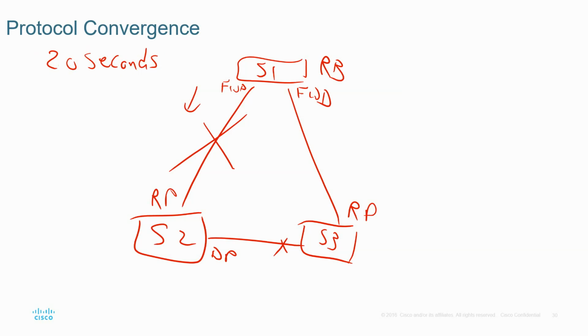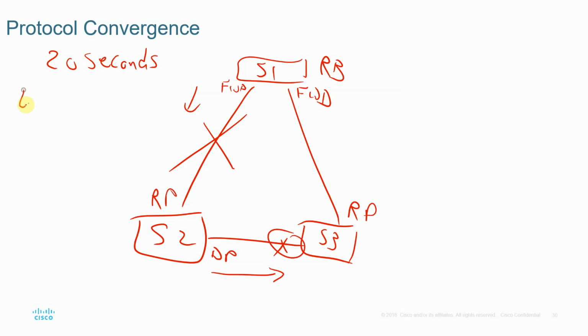After this happens, S2 will be sending BPDUs to S3. This is the importance of having the port in S3 in the blocking state, because it continues to receive BPDUs. And so now S3 will determine that it has to transition its blocked port to the forwarding state.